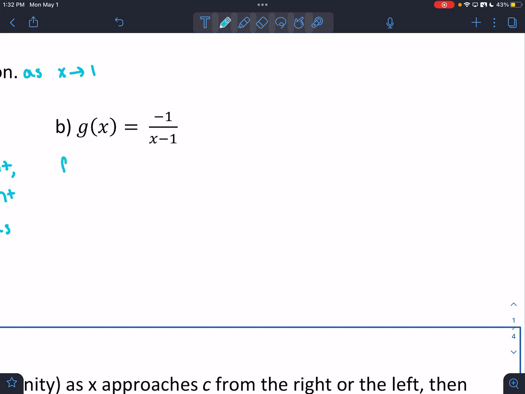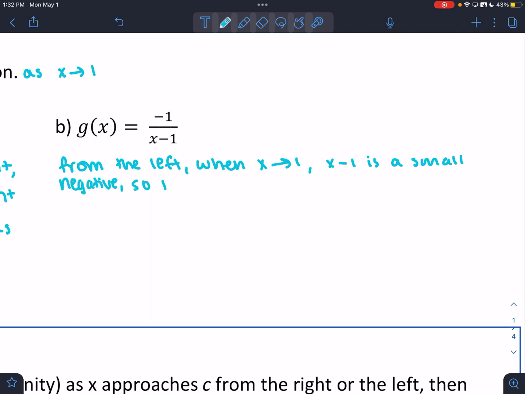So from the left, when x approaches 1, x minus 1 is a small negative. So the quotient is a large negative. Wouldn't it be a large positive? Oh, yep, sorry. Positive.